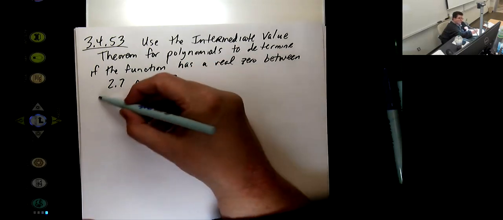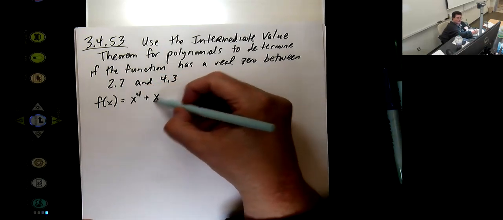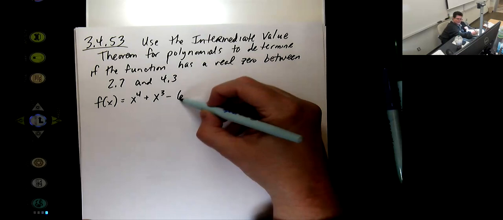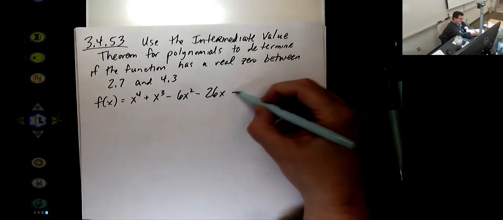The polynomial in question is x to the 4th plus x cubed minus 6x squared minus 26x minus 13.